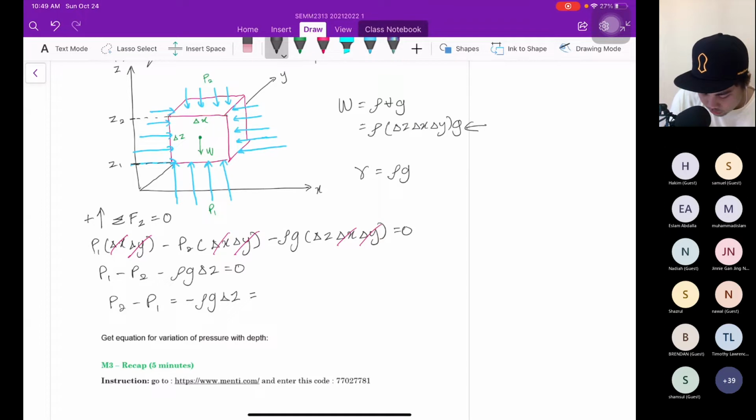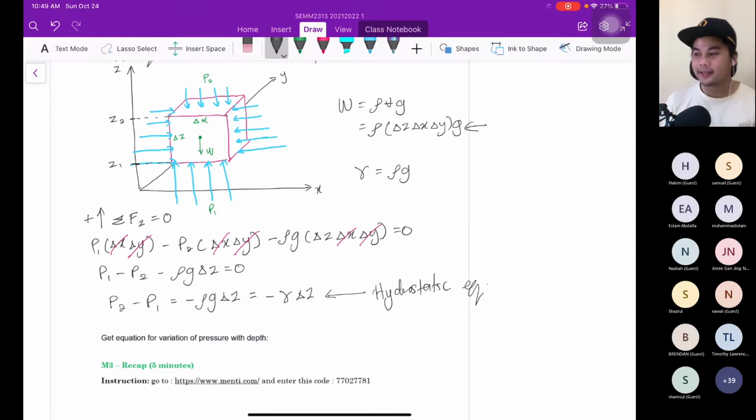So we can also replace it with negative gamma delta Z. So this is the equation we call the hydrostatic equation.